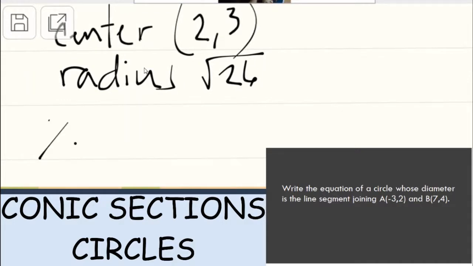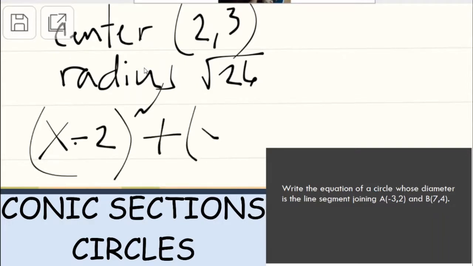So we have x, so opposite of 2 will be negative 2, squared, plus y, opposite of 3 will be negative 3, squared, equals, okay, we're going to square the square root of 26. So square root of 26 times square root of 26 is equals to 26. So that's our answer.